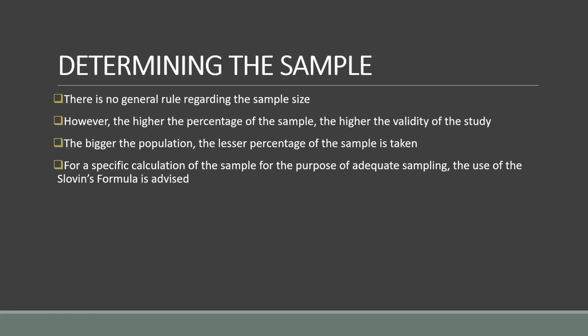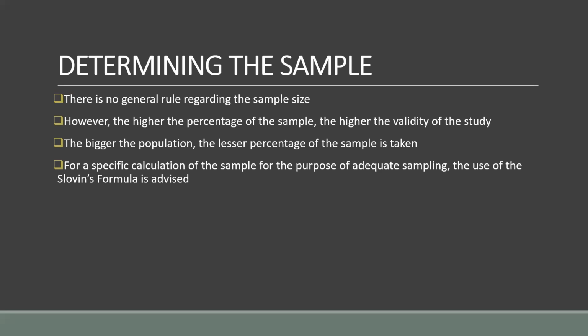Generally speaking, there is no set of rules with regard to obtaining the sample from a population. However, the higher the percentage of the sample, the higher the validity of the study. Let's simply say the more individuals that participate in your study, the more valid the results that you could obtain from the manner of collection of the data.